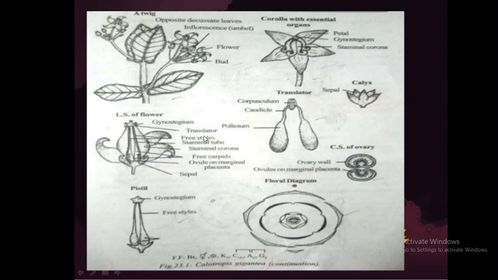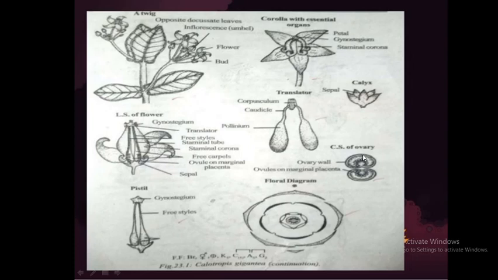Now, gynoecium. The gynoecium is bicarpellary. Here, look at this diagram. The gynoecium is dicarpellary. The ovaries of the two carpels are free.